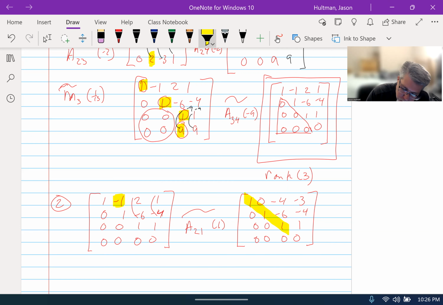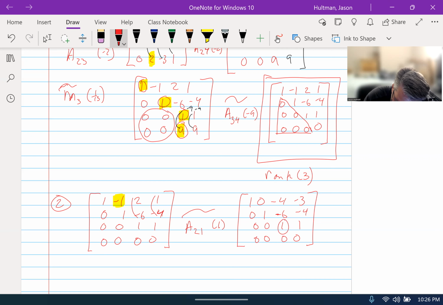So what I'm going to do is I'm going to use row 3 here. Because again, I like adding zeros to things because it doesn't affect the values in the other columns.